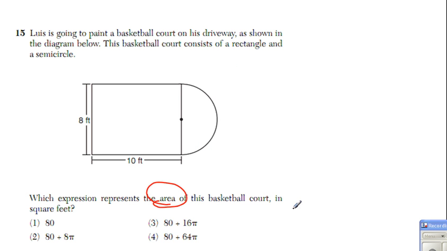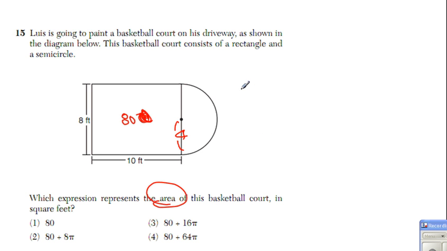Here we have the area of this basketball court. Of course, for the rectangular area we have 8 and 10, so 80 would be our answer for the rectangle. How about the semicircle? Since 8 can carry over here, the radius becomes 4.